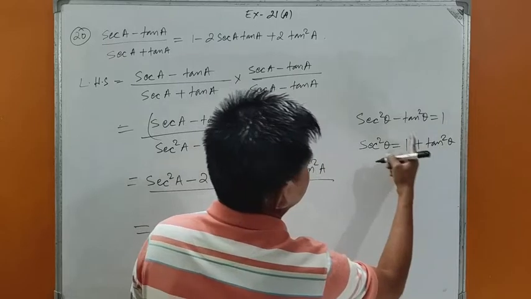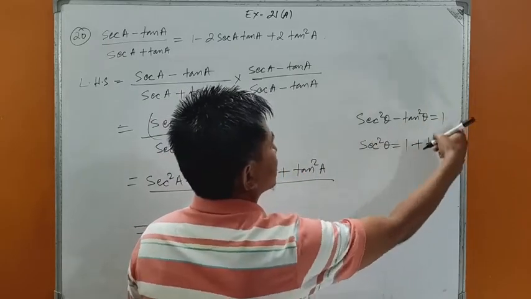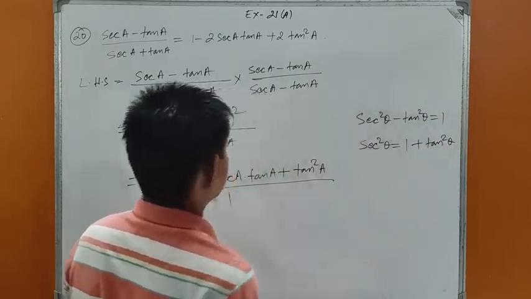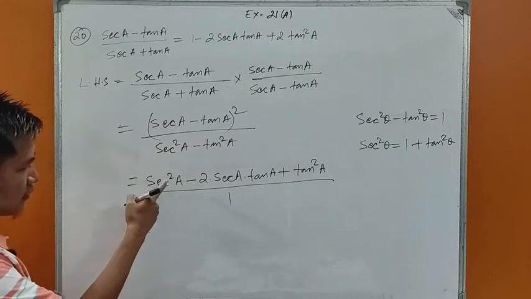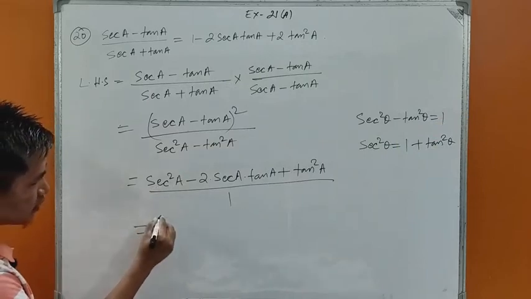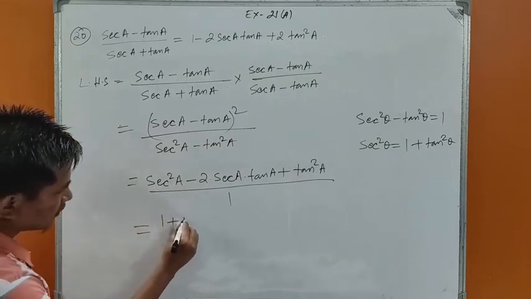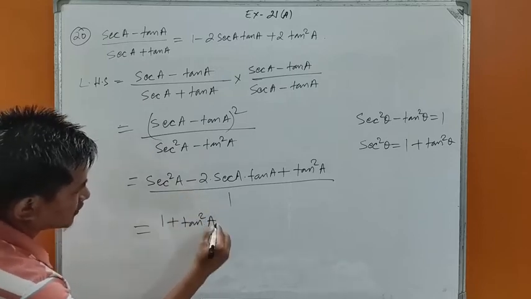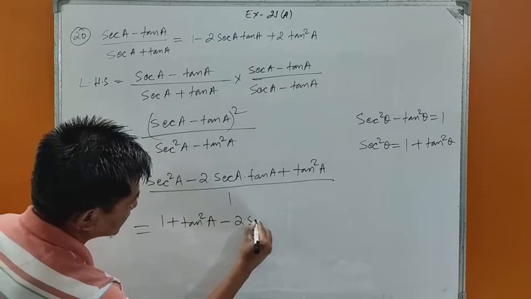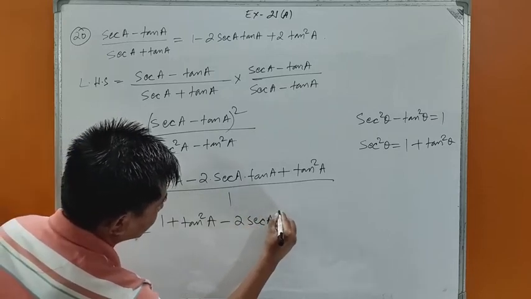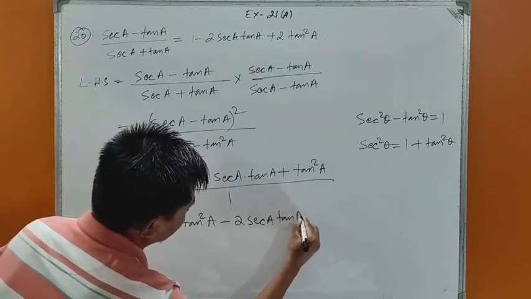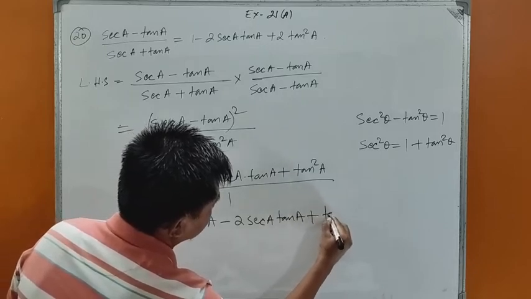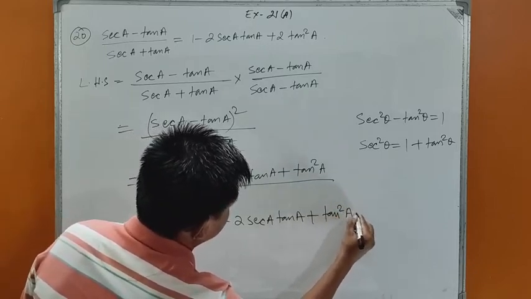So instead of sec square A, I can write 1 plus tan square A, giving 1 plus tan square A minus 2 sec A tan A plus tan square A.